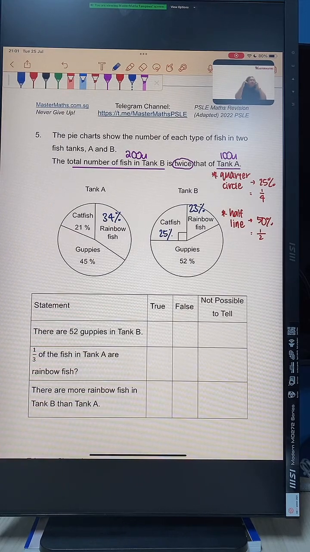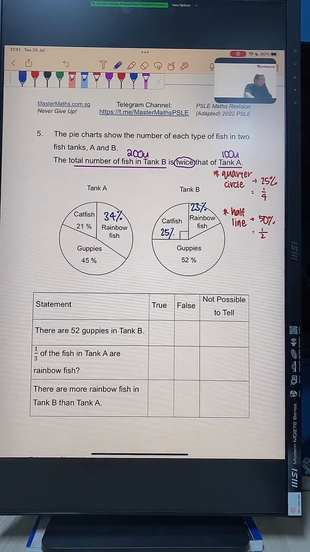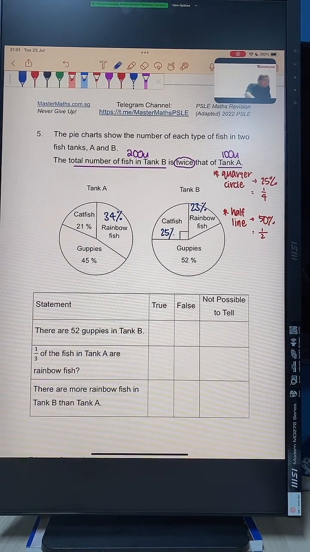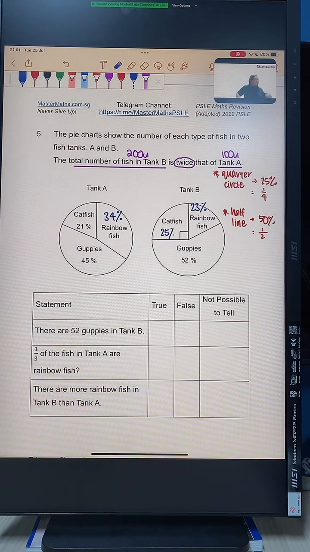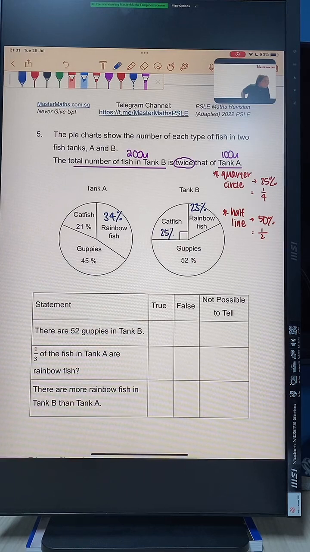Alright, so in this case, are there 52 guppies in tank B? A lot of you are saying it's not possible to tell. Do you think it's not possible to tell? Okay, let me shift this a little bit. Friends on Instagram, is this okay?